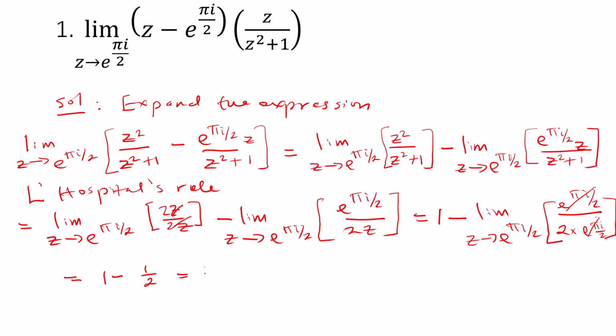This gives us 1 over 2, which is our final answer. So the limit of (z minus e^(πi/2)) times z over z squared plus 1 as z approaches e^(πi/2) is equal to 1 over 2.